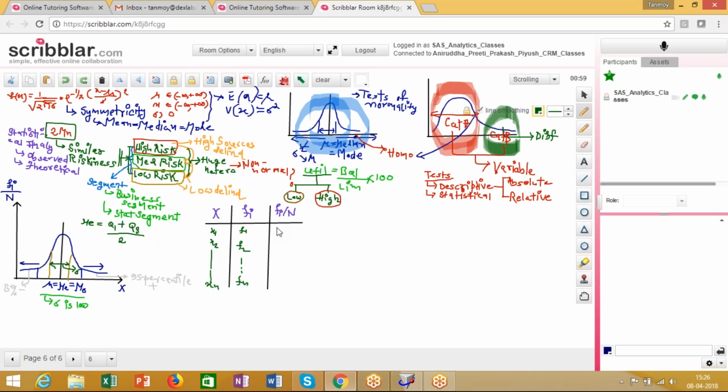The relative frequency distribution is f1 by n, f2 by n, up to fn by n, where n is the sum of all the frequencies.